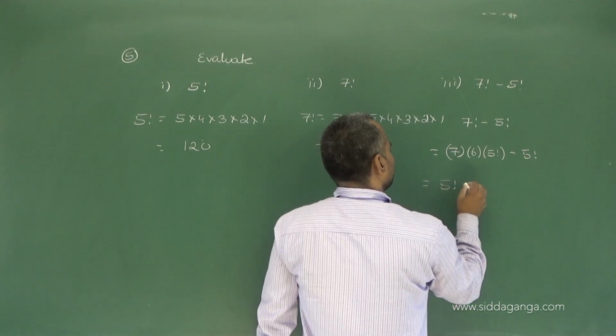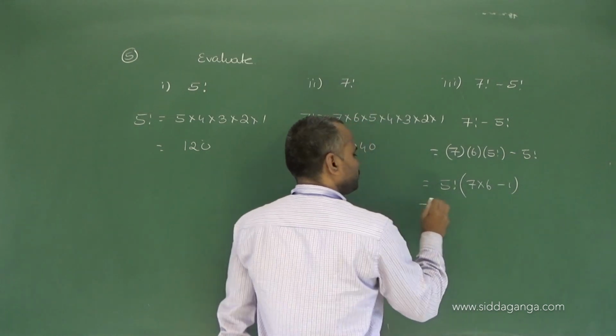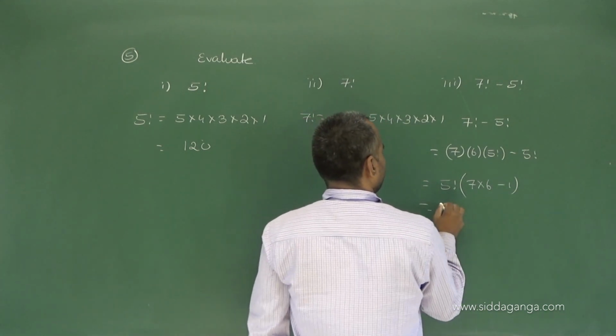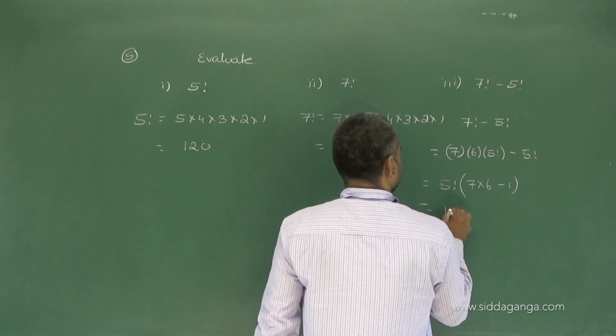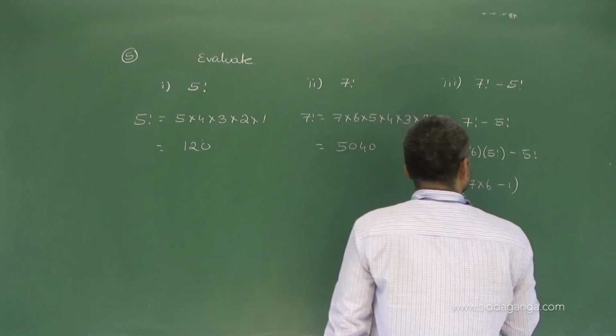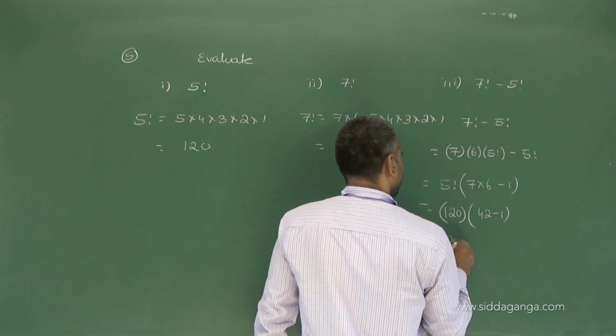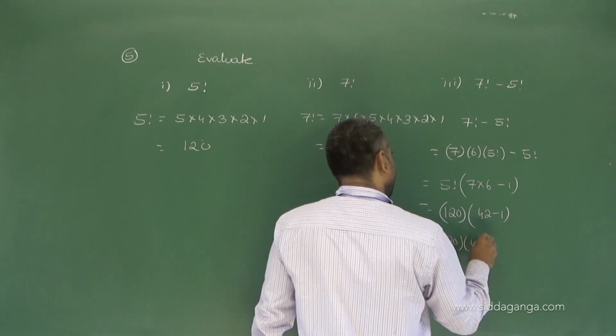If I take 5 factorial common, it is 7 into 6 minus 1. 5 factorial is 120, we just calculated. 42 minus 1, so 120 into 41.